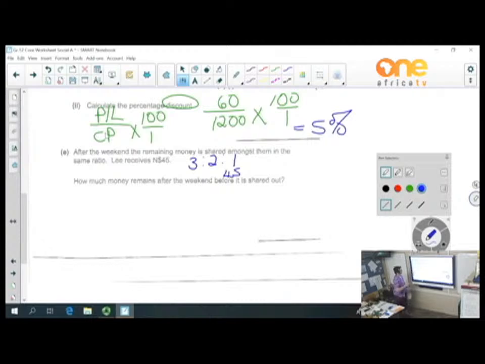So I need to find out what was Rihanna and Jen's money to get that. So if Lee gets 45, it means she's going to get 90. And Jen is going to get 135. So now we can add it and subtract it from the original that you have there, and my answer here is 270. That's what remains. Okay.